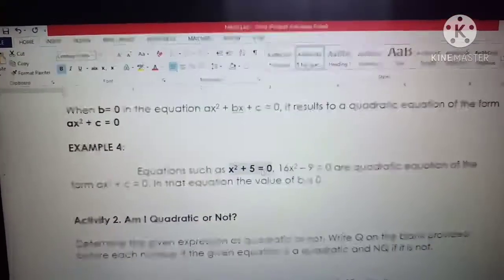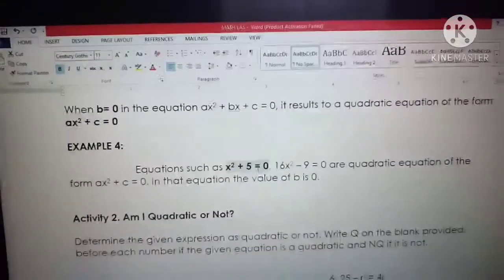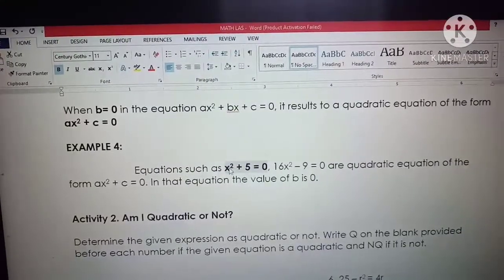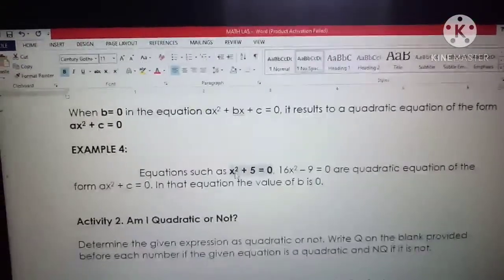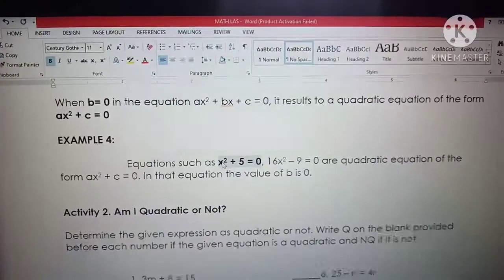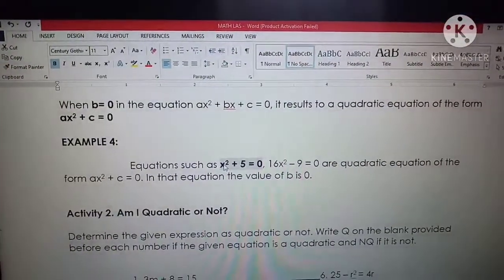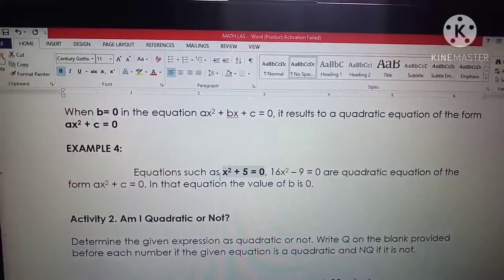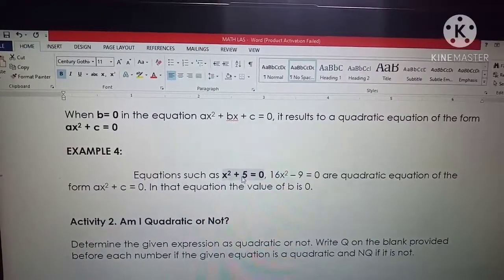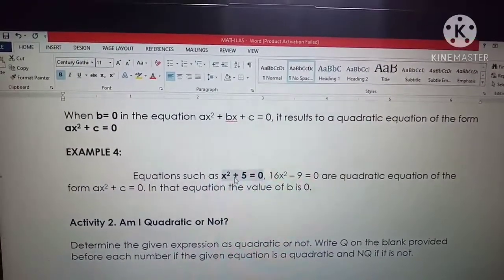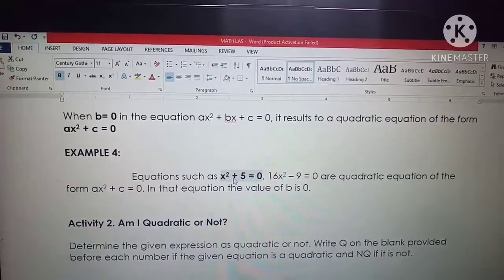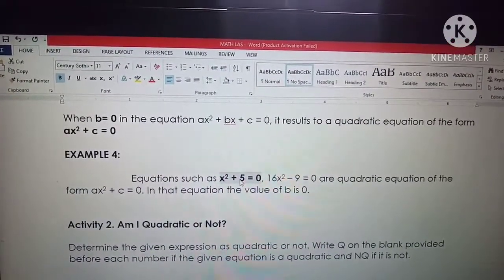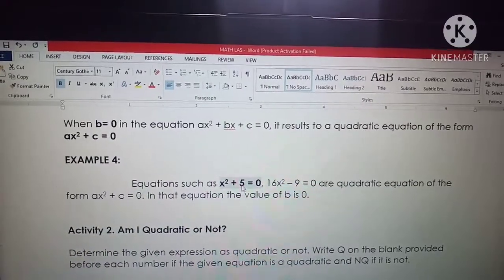Nakasulat din to sa standard form. Pero, malalaman natin yung value ni A kasi si A natin dito ay si 1. Value ni X ay 1, di ba? So, value ni A dito ay 1. Value naman ni B, nasaan dito si B, di ba? Missing. So, okay lang na wala si B. Pero si C nandito, which is positive 5.